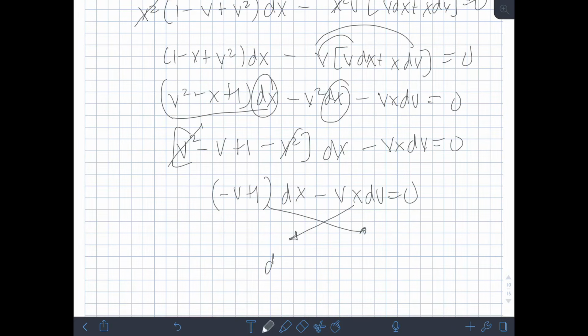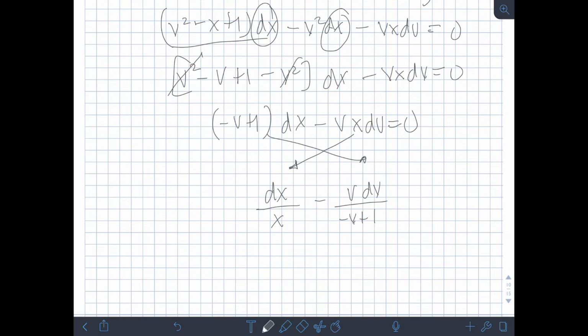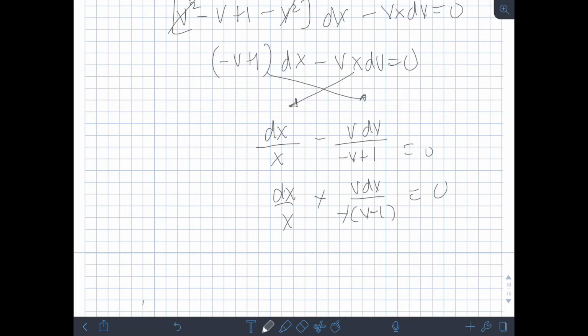So, parang dx over x minus v dv over negative v plus 1. So, itong negative v, i-factor out ko na lang. So, magiging dx over x, parang minus v dv over negative v minus 1 equals 0. So, parang positive na sila. So, dx over x plus v dv over v minus 1 equals 0.